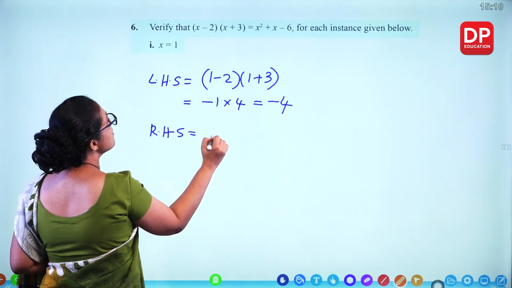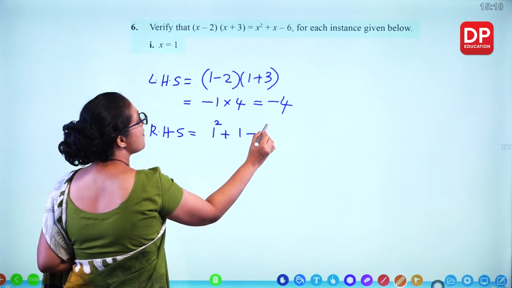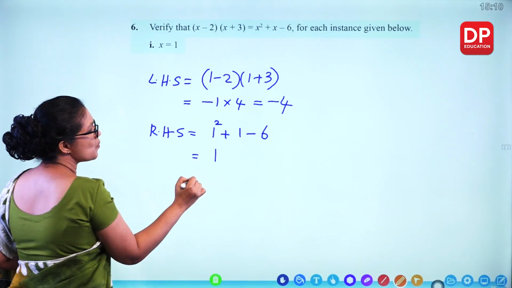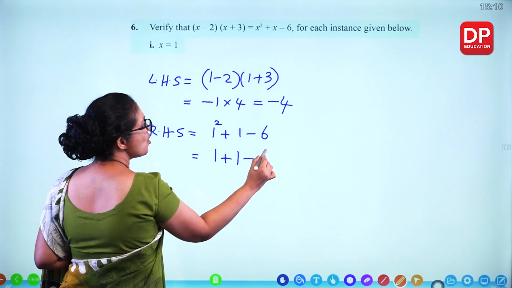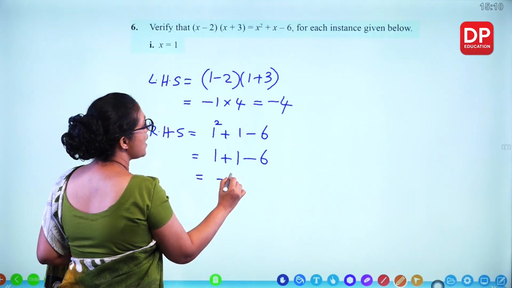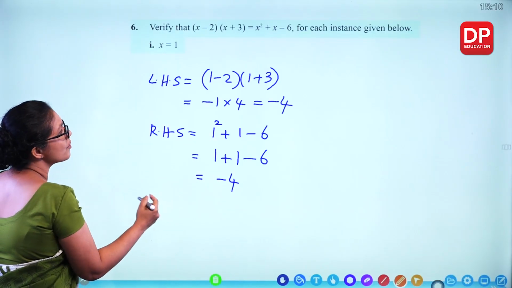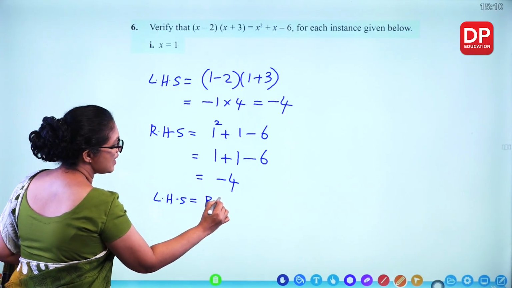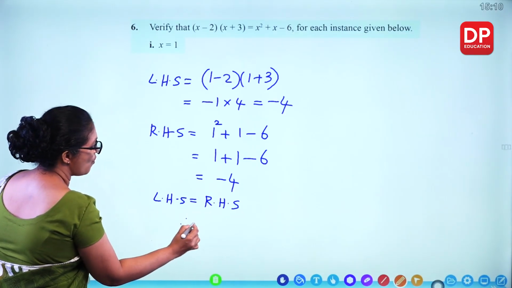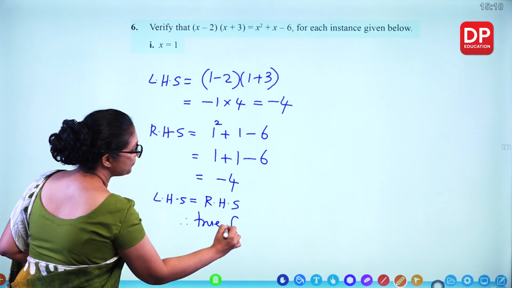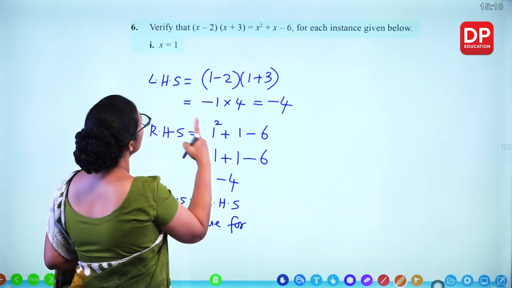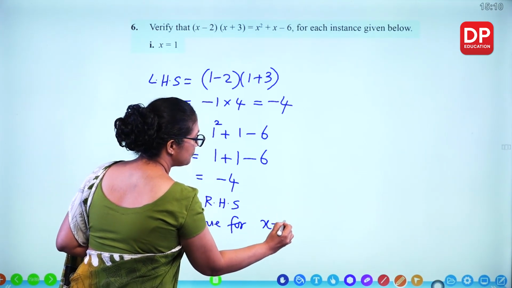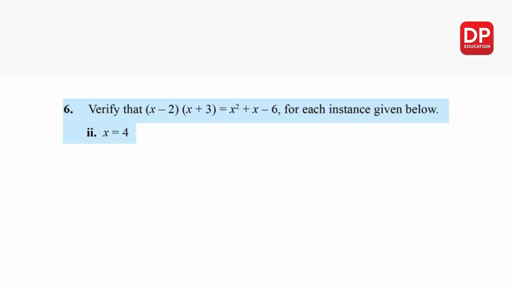X squared, that means 1 squared plus 1 minus 6. 1 squared is 1 plus 1, 2, 2 minus 6, minus 4. So you get the same answer. Left hand side is equal to right hand side. Therefore, it's true for x equals 1.